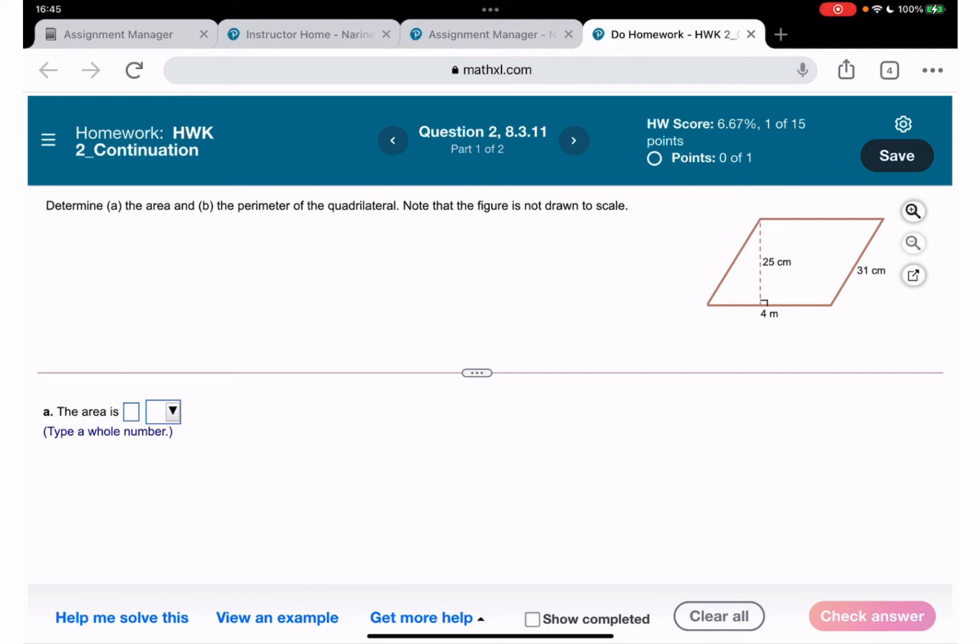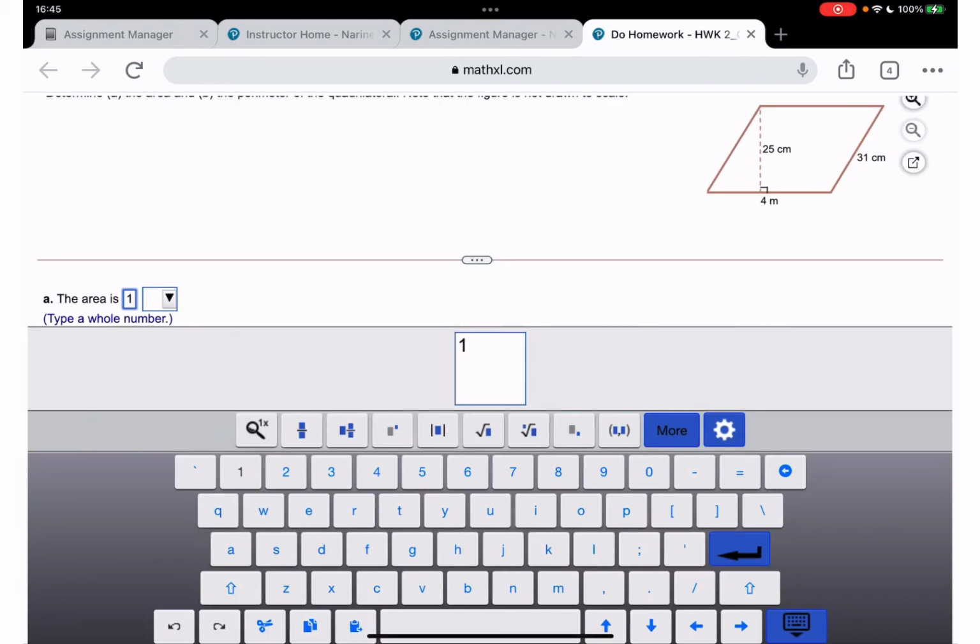So the length is 4, height is 25. So 4 times 25, it's going to be 100. And obviously, since I have centimeters times centimeters, we are going to have centimeters squared. Okay?